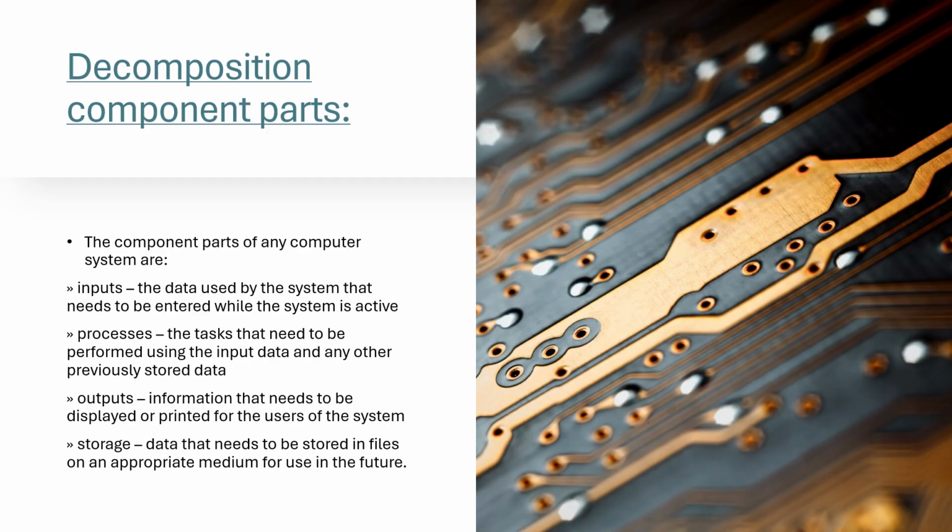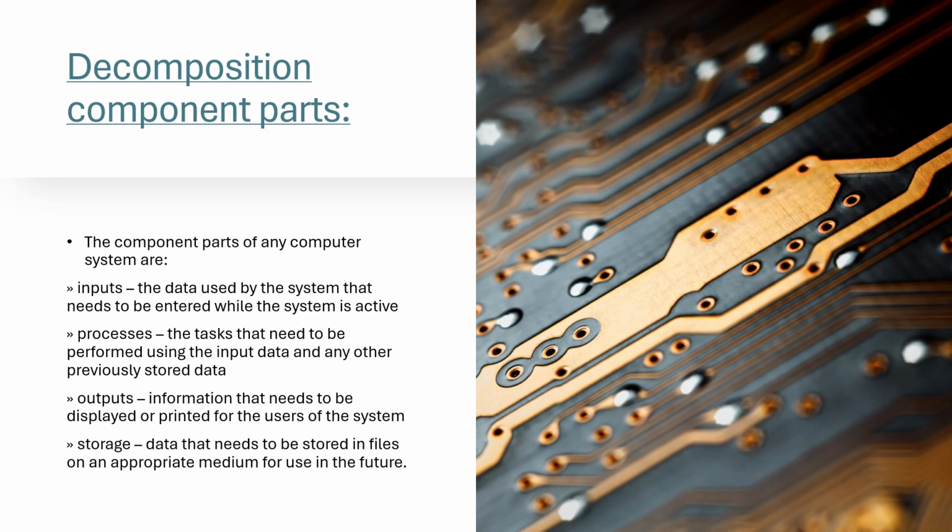The decomposed component parts that we got from the analysis stage are basically composed of inputs, that is the data used by the system that needs to be entered while the system is active. Means the requirements or the objects or the tasks that are input to carry out the process.